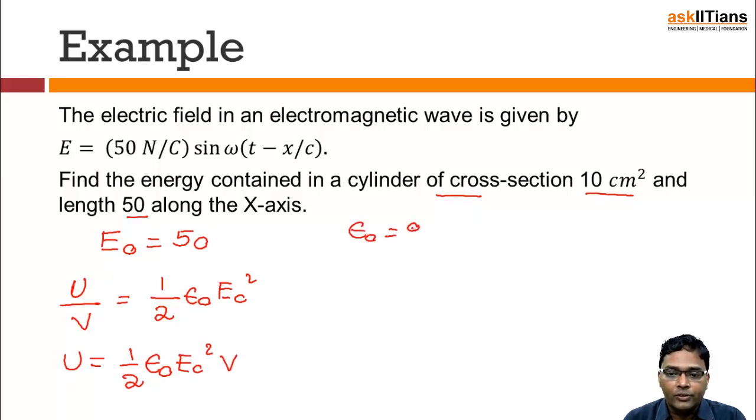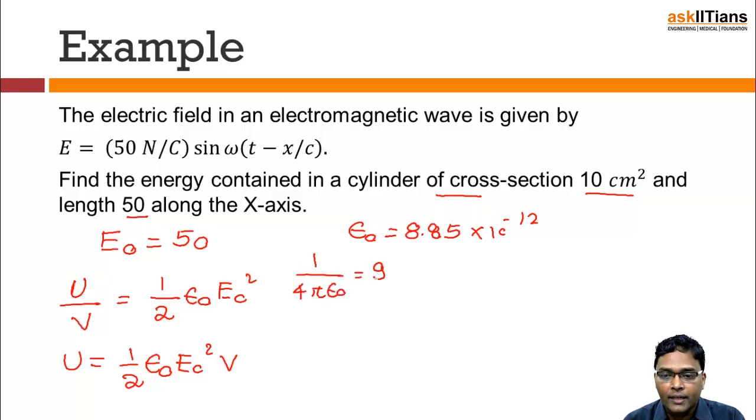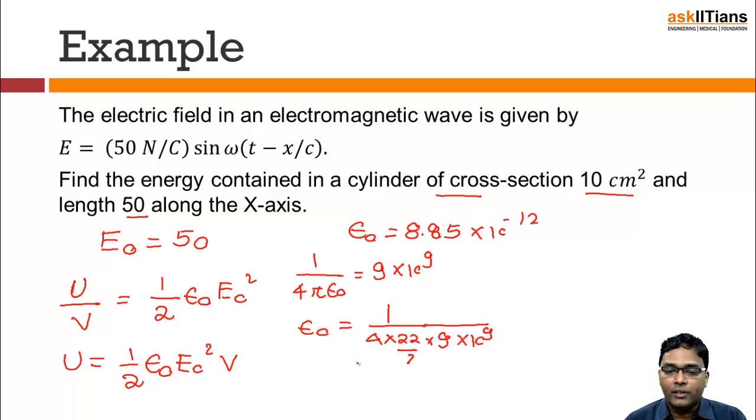Epsilon naught has a value equal to 8.85 into 10 to the power minus 12. If you are not very sure about it, the other way to get it is that you know that 1 by 4 pi epsilon naught has a value equal to 9 into 10 to the power 9. So from here, epsilon naught can be written as 1 divided by 4 into 22 over 7 into 9 into 10 to the power 9. So effectively you can put this particular expression.